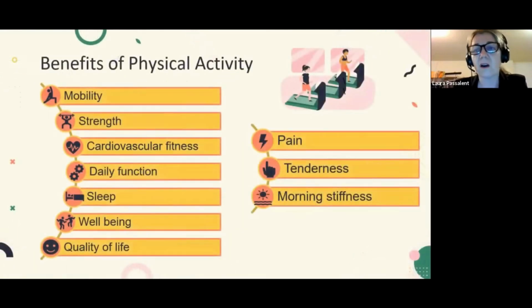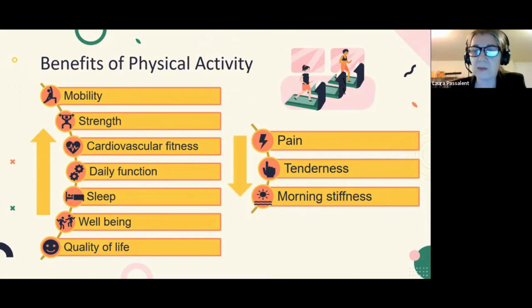Now, if you look at all of the evidence supporting physical activity in the treatment of axial spondyloarthritis, you see that there's many, many benefits to be had. And this includes improvement in spinal mobility, overall strength, cardiovascular fitness, function, sleep, improvement in well-being, and quality of life.